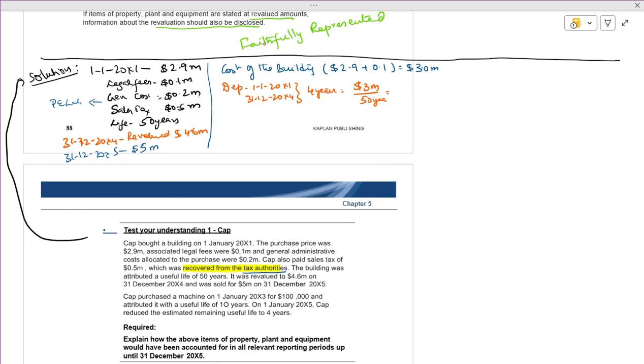It comes to how much? 3 million divided by 50 years times 4. It comes to how much? 0.06 million per year. Is it right? For 4 years, it comes to how much?